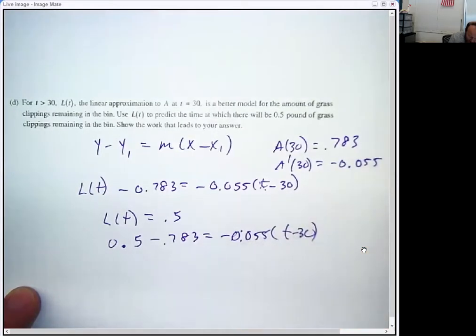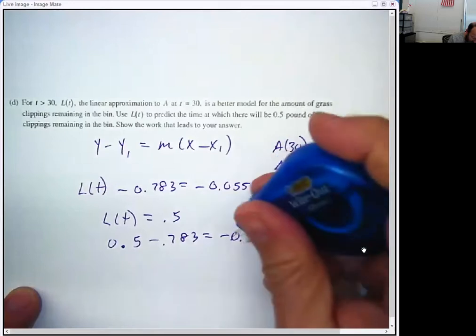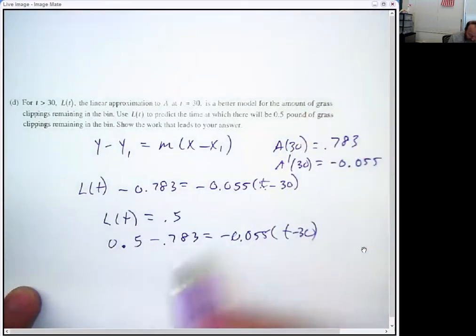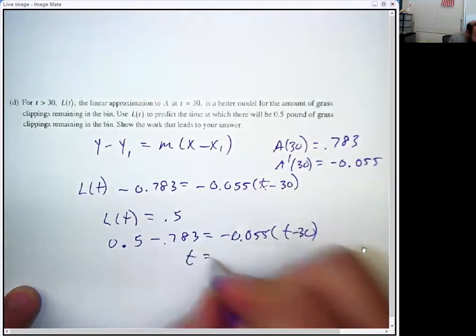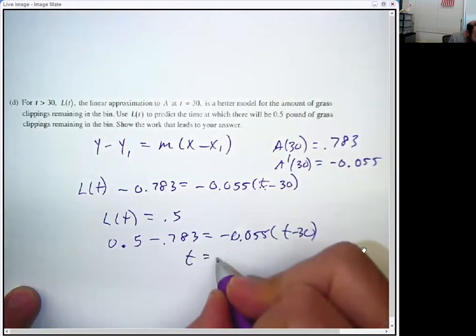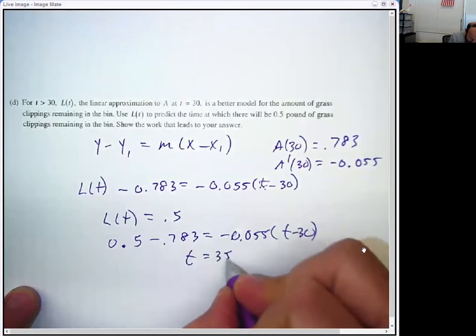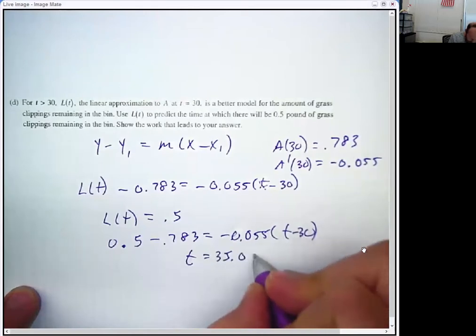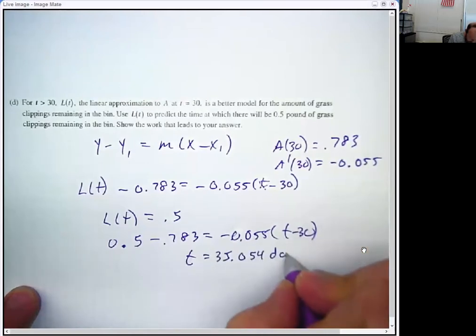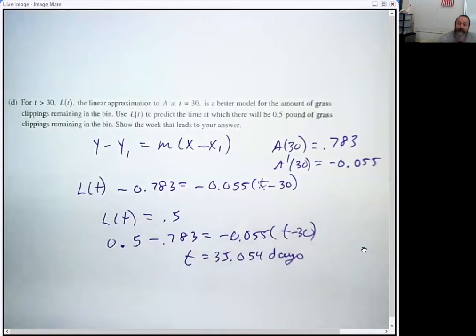Go through and do a quick solution on that. Again, they're not particularly worried about seeing your distributive property and all of that, but you would get t is approximately 35.054 days.